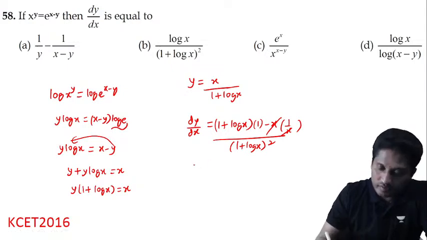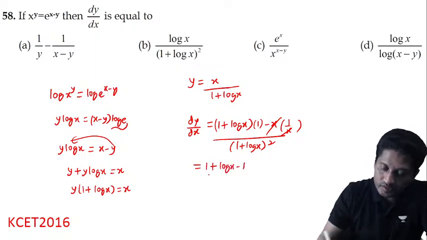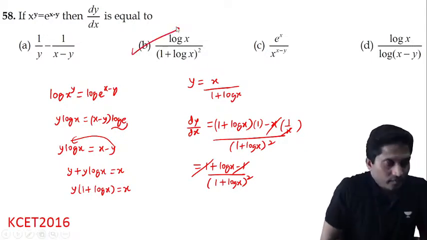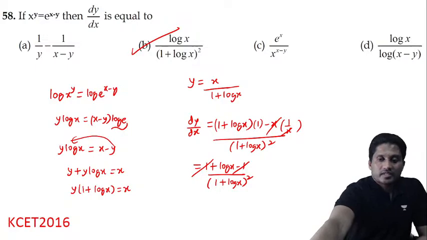This will be equal to 1 plus log x minus 1 by 1 plus log x the whole square. Plus 1 minus 1 will cancel. Log x by 1 plus log x the whole square. Answer is option. Right, let's move to the next question.